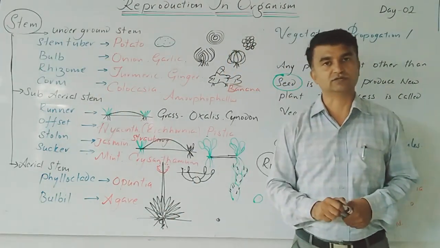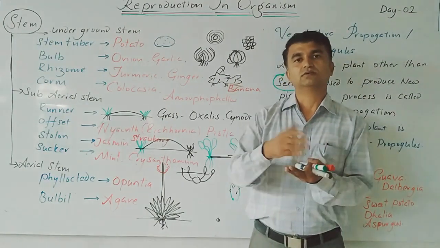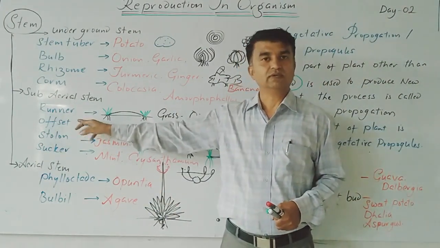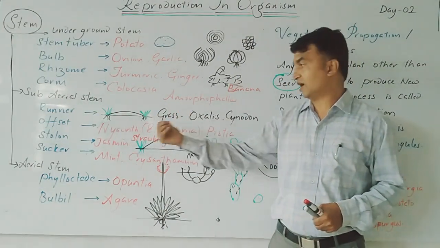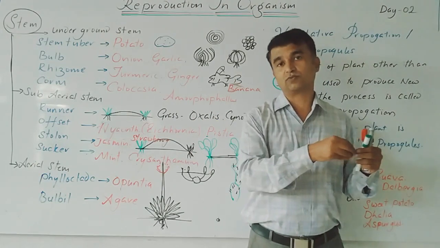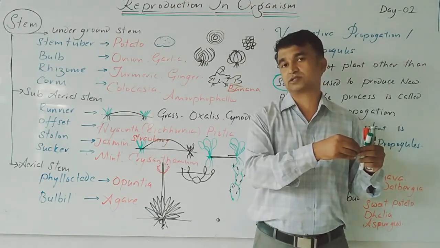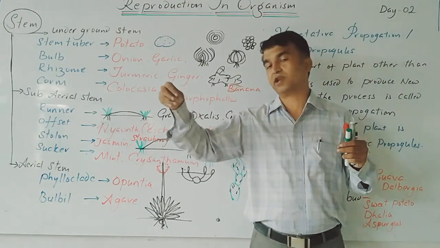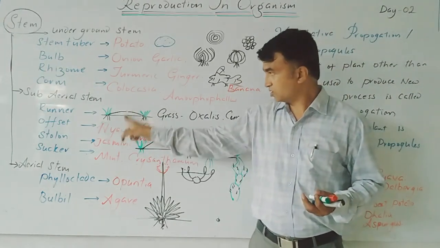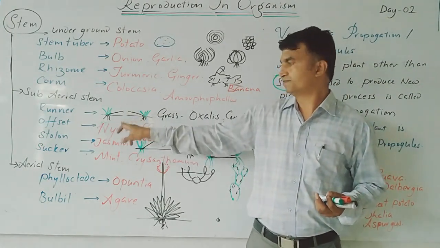Subaerial stem modification means just touching the ground. Runner: the types of grasses, oxalis and centella. The lower branches will run to a certain extent, and whenever it touches the ground, again it produces the plant. If you cut this one, both plants will develop.